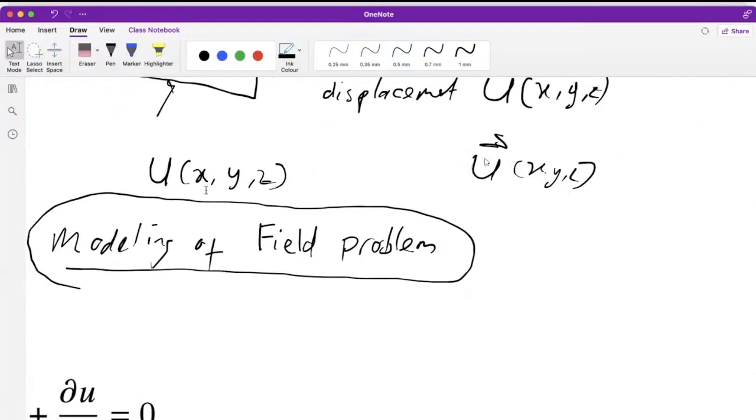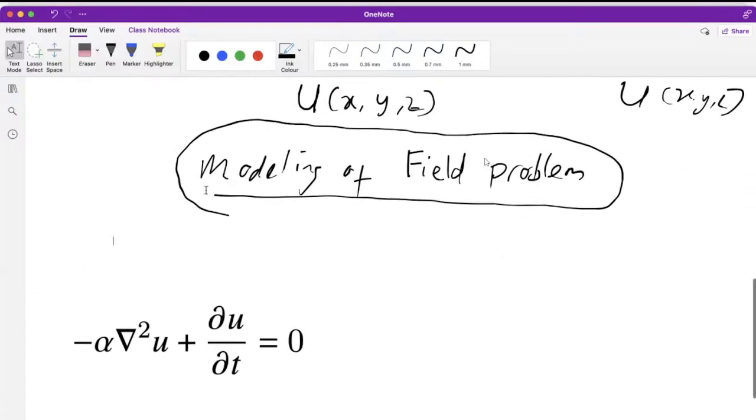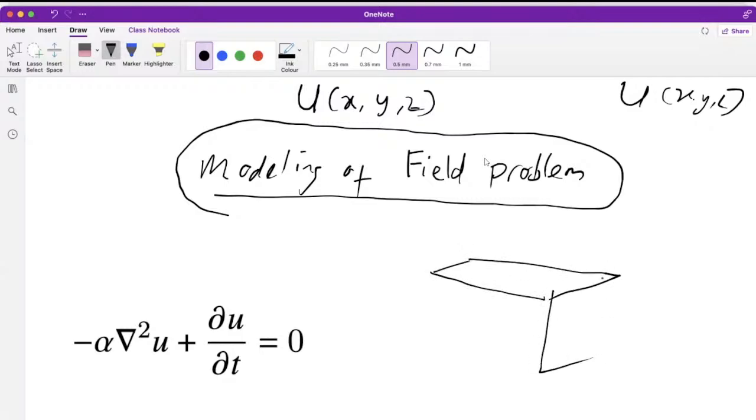So in this case, the problem I was discussing with you: when you have a body, maybe you have a temperature on a hot surface here, right?